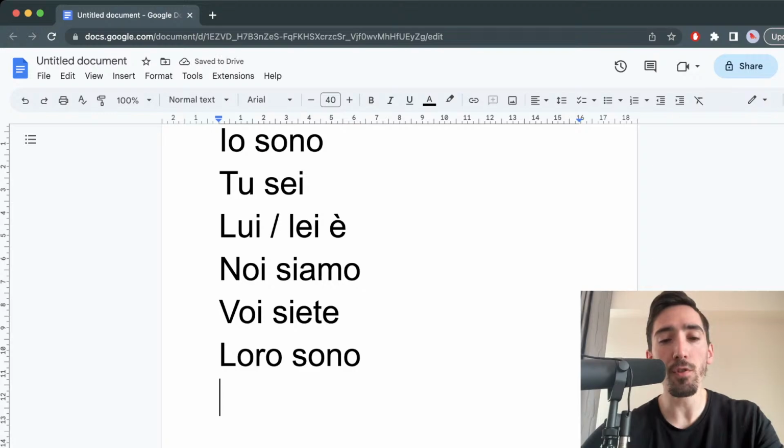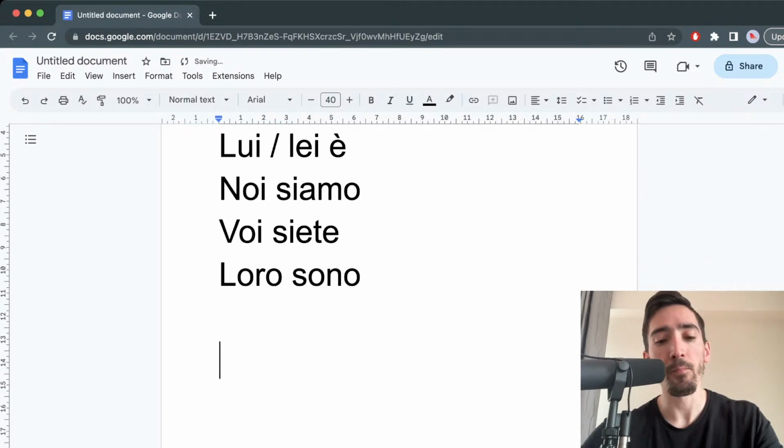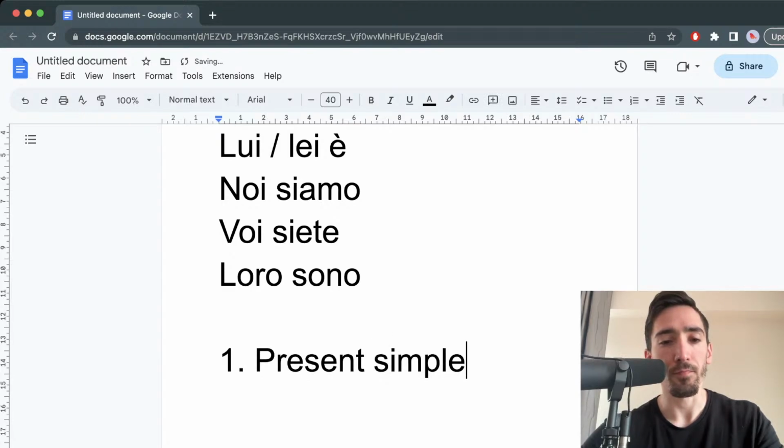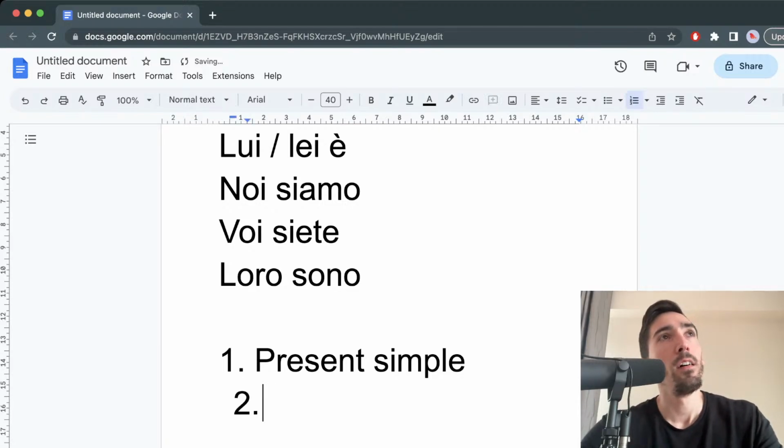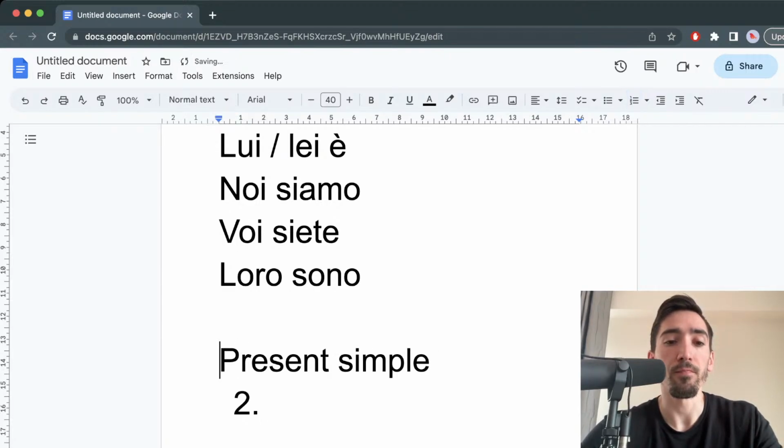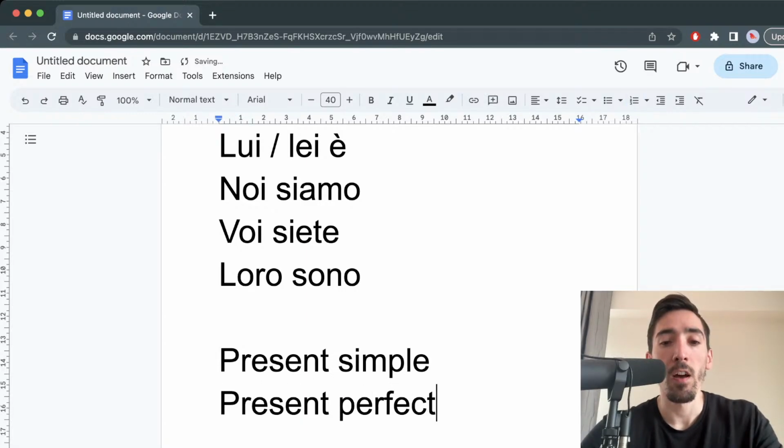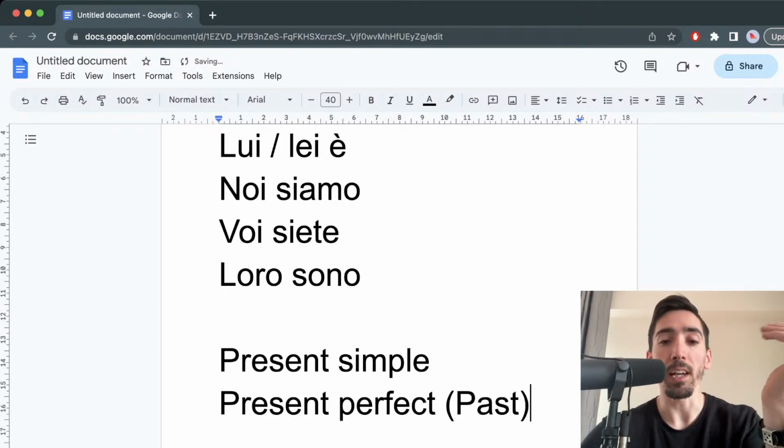So the most useful tenses in Italian: 1, present simple. 2 would be the present perfect. Why? So present simple, present perfect. Why is it important? Because it's used as the past simple in English.